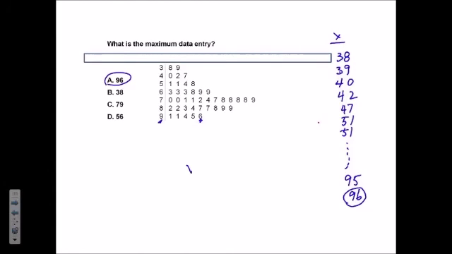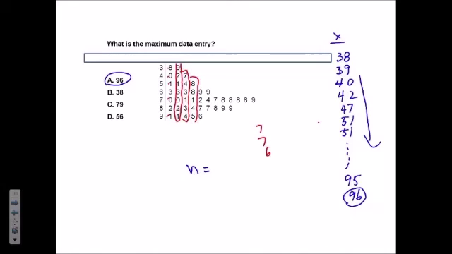Suppose I asked you, what is n equal to in this case? What is the sample size? Well, you could write all these out, or you could just add the leaves together. How many leaves do we have here? We have 1, 2, 3, 4, 5, 6, 7. Then we have another 7. Then we have 6.